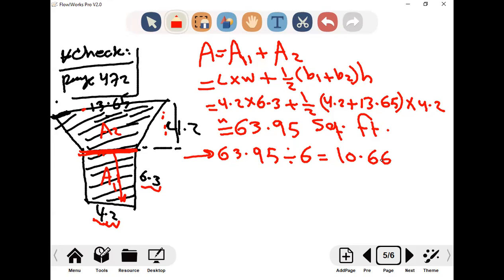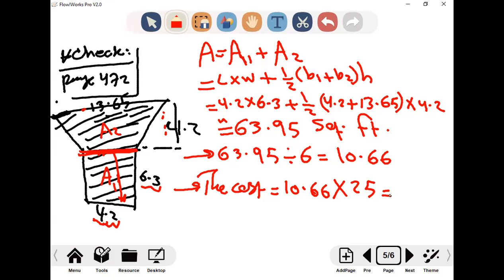Each 6 of them costs $25. So to know the total cost now, the cost equals 10.66 multiply the cost of each 6, which is 25.